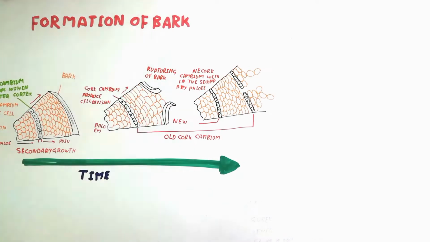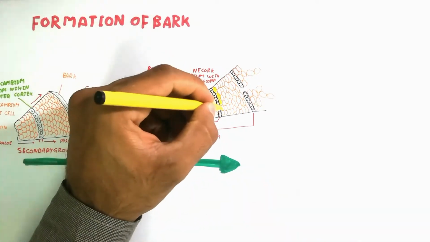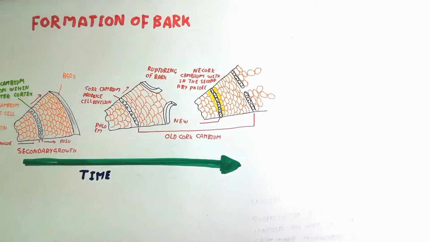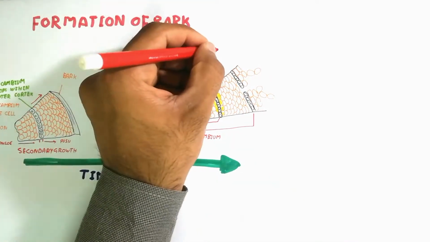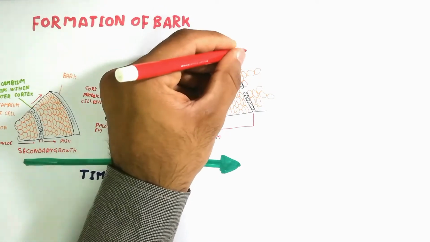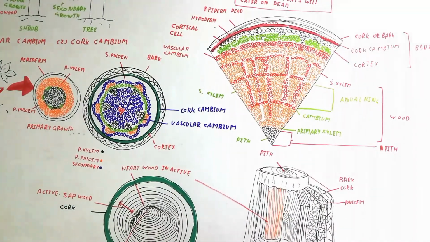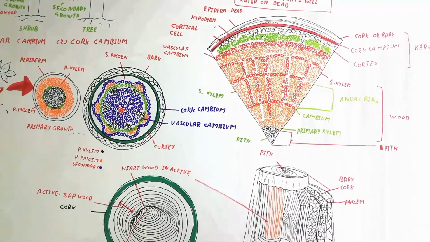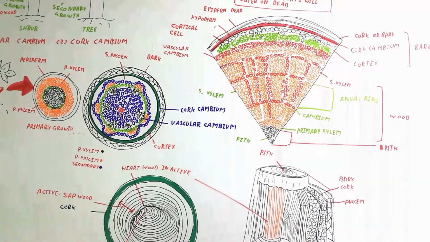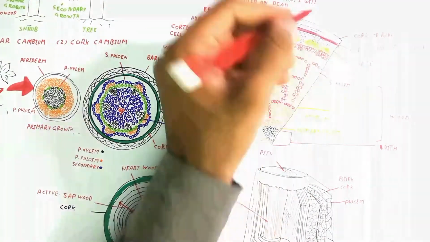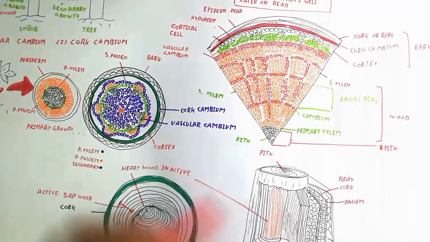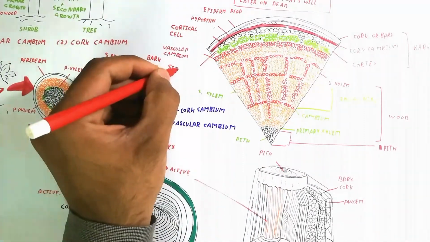So from the inside new bark is produced, and a new cork cambium within the secondary phloem. Now I will show the production of the ring, which is known as the annual ring.